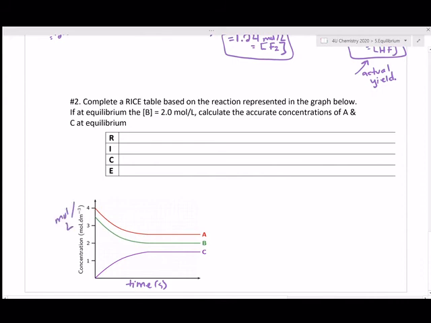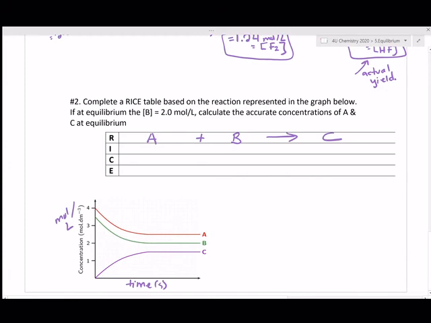Okay. So this is a reaction between A, B, and C. And we haven't been given the actual reaction, but just given that it's written ABC, we'll just assume that there's one of each. And from a graph like this, the way you can tell who the reactants are and who the product is: reactants are going to go down at first because they're going to be getting consumed. So it's definitely A plus B that is making C as a product.